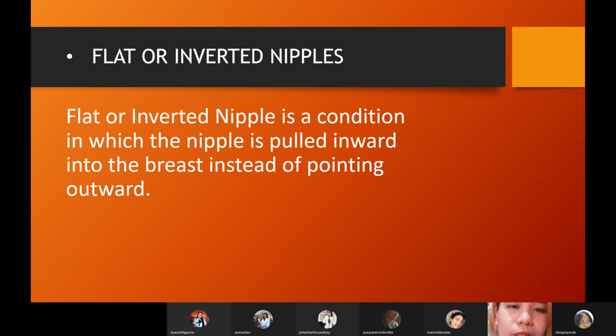So, the next problem is flat or inverted nipple. From the word itself, the nipple of the mother is very small or you can't see the nipple. Flat or inverted nipple is a condition in which the nipple is pulled inward into the breast instead of pointing outward.